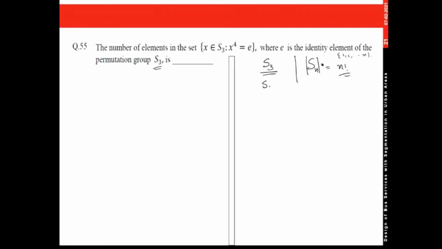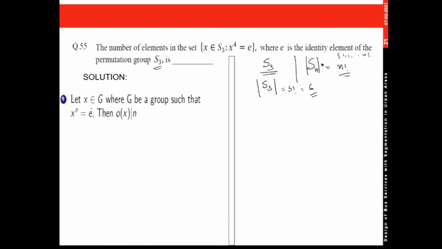So here the order of S3 is 3 factorial, which is equal to 6. So now we want to find out how many elements in S3 are such that x raised to 4 is equal to e. So the solution.